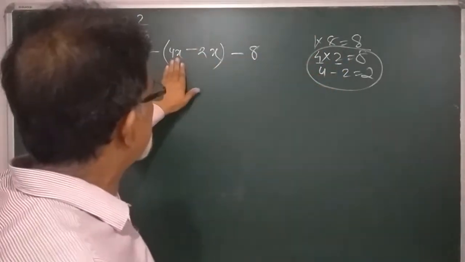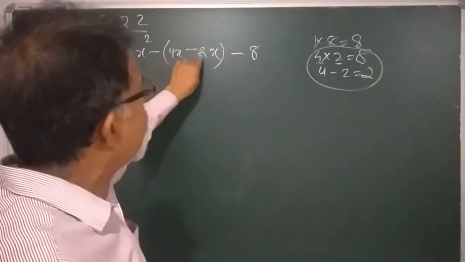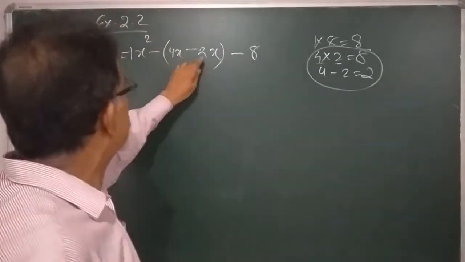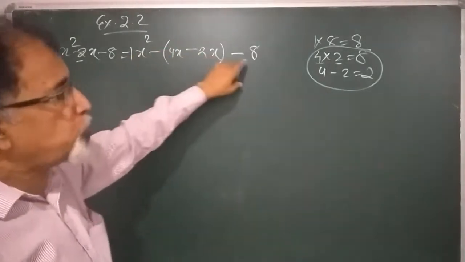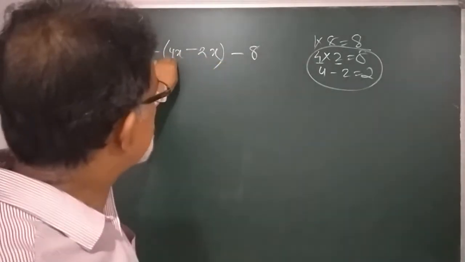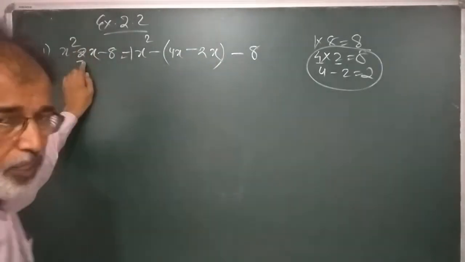That's why we split the middle term in such a way that the product of the coefficients of the two middle terms should be equal to the product of the coefficient of x square and the constant, and the difference between these two terms should be equal to the middle term.